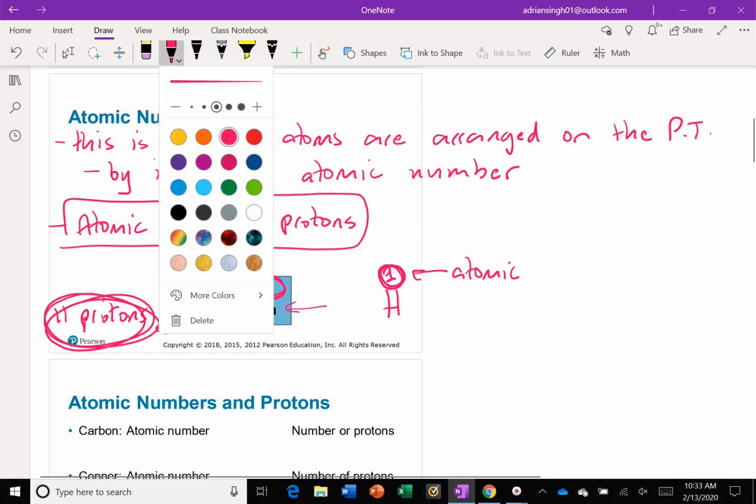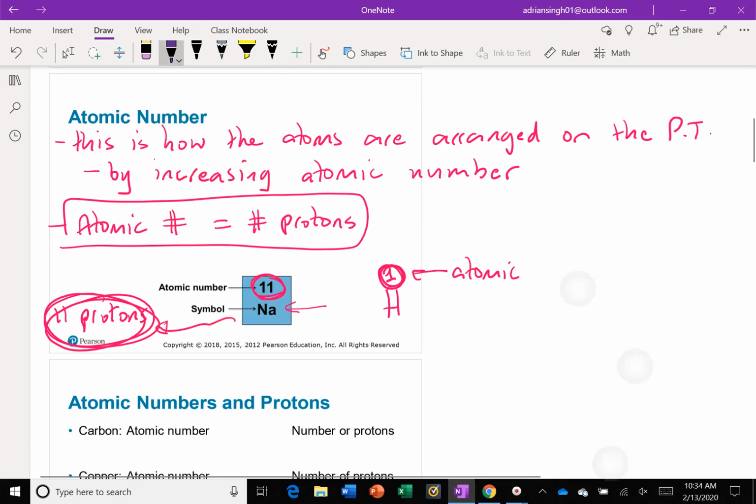So what this means by extension is the atomic number, or the number of protons, defines the element. So if I say something has 11 protons, or an atomic number of 11, it can only be sodium.